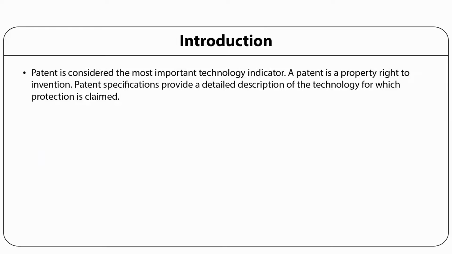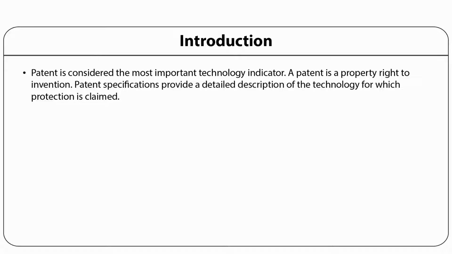Patent is considered the most important technological indicator. It is generally the first choice of any inventor to protect her invention by filing a patent. A patent is a property right to invention. It is, friends, a legal document that gives the holder rights to his invention.